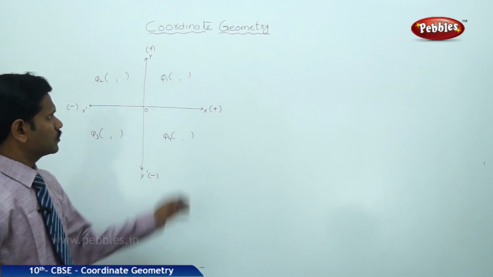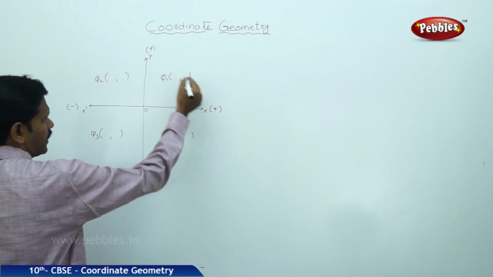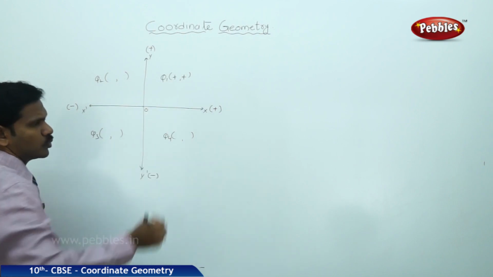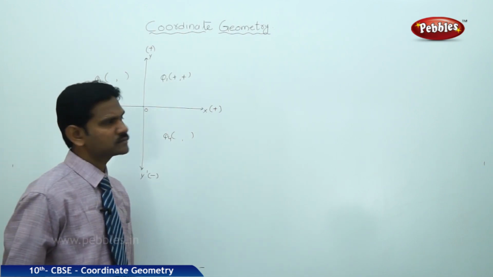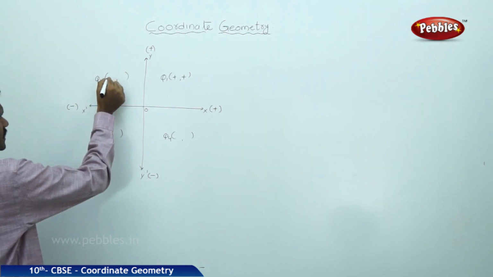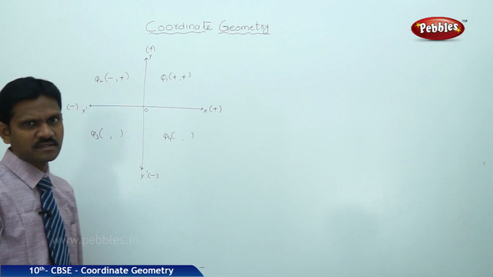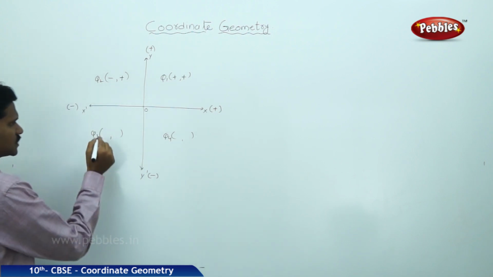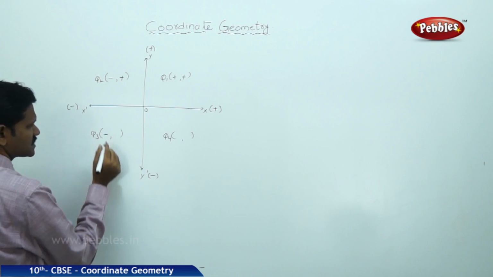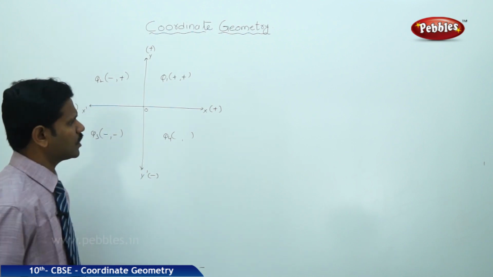Now, to form a coordinate here, if the x value is positive and the y value is positive, Q1 contains plus plus. In Q2, the x coordinate is minus and the y coordinate is plus, that is minus plus. Third quadrant: the x coordinate is minus and the y coordinate is also minus.